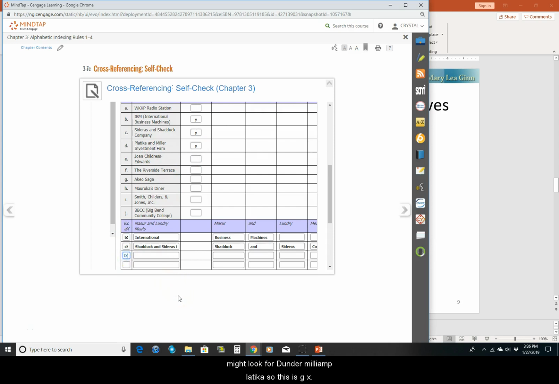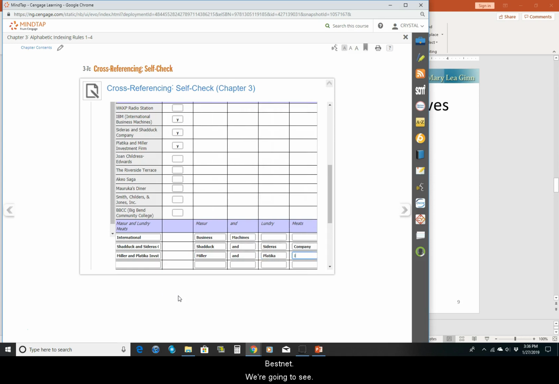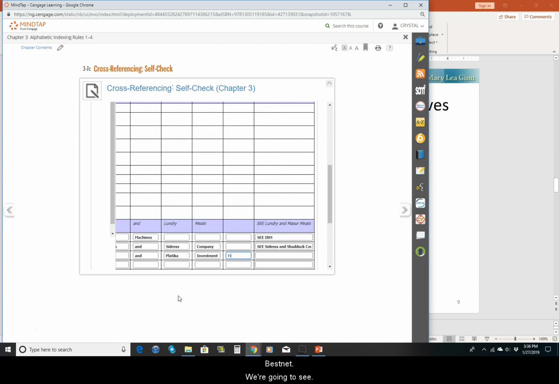So I put D. I index the alternate name, Miller and Patika Investment Firm, and we're going to see Patika and Miller Investment Firm.